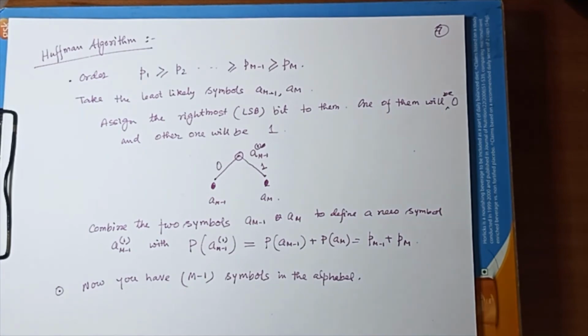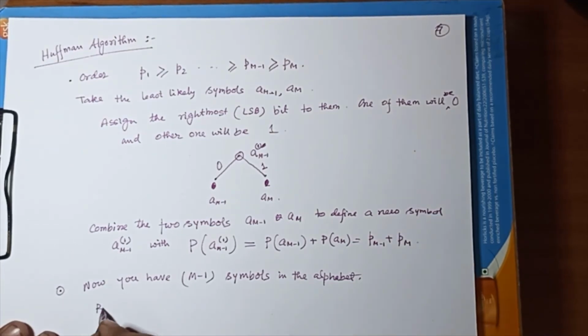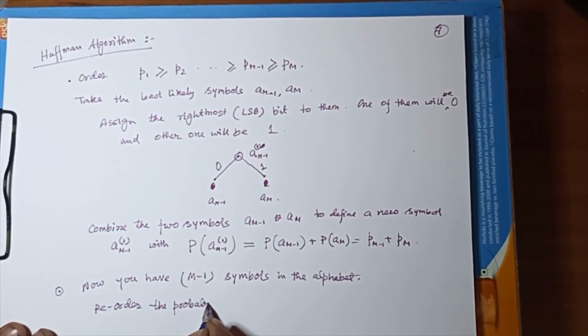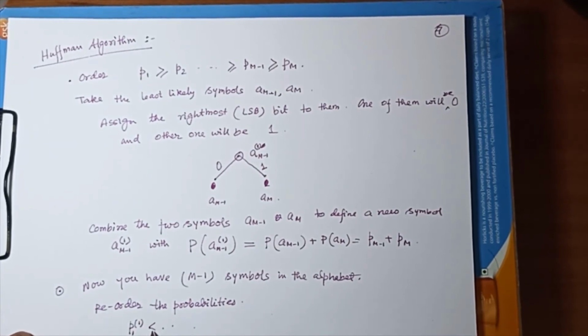What you have to do is reorder the entire thing in a non-increasing way. You have changed the alphabet again, and now reorder the probabilities. I can write them as p1^(1), p2^(1), up to p_{m-1}^(1). So this is the first step.